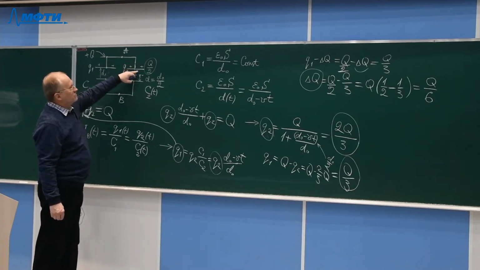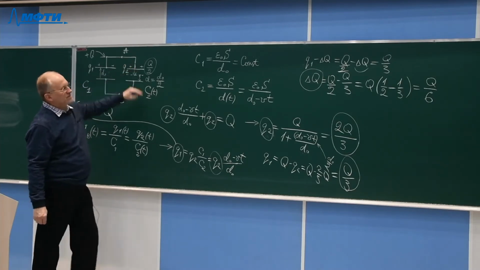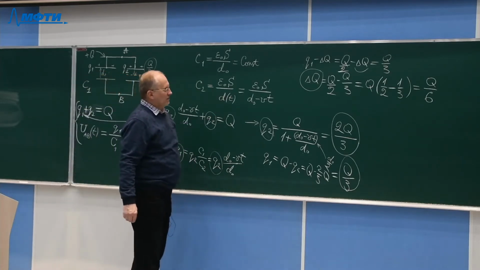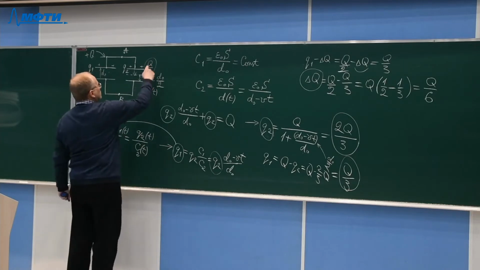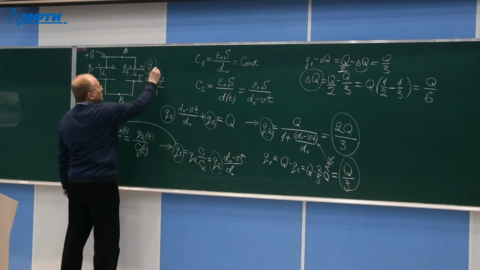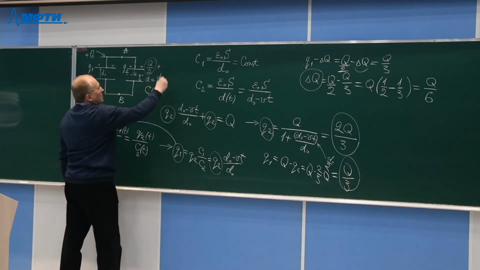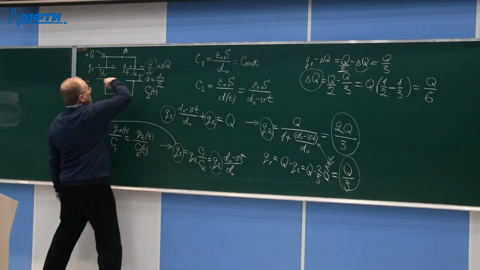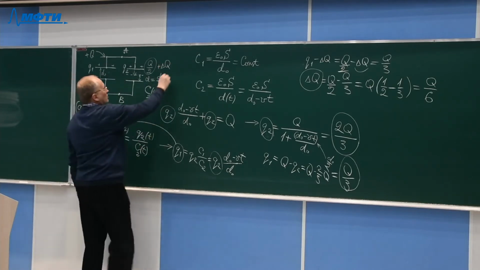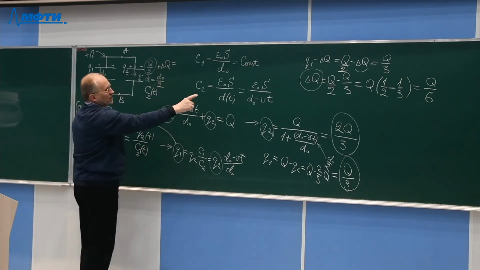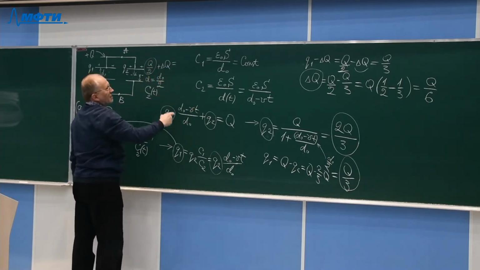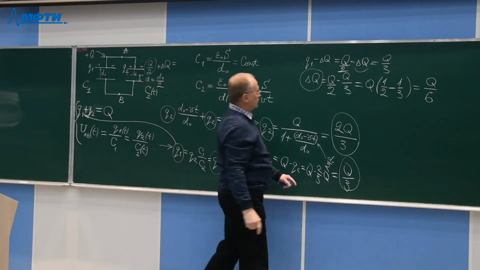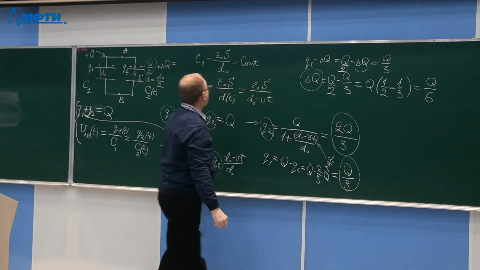So the charge on the second capacitor was increased by this amount, and we can easily see that the original charge Q plus Q divided by 2 plus this charge delta Q, which came from another capacitor. If delta Q is Q divided by 6, then 1/2 plus 1/6 will certainly give us 2/3.